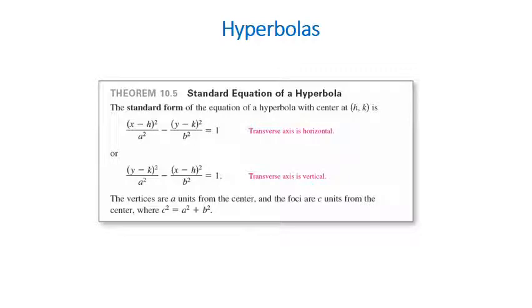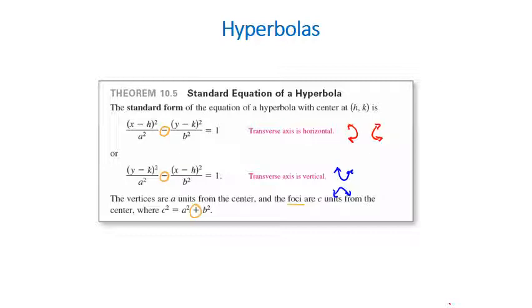Just like the other conic sections, we will have two equations depending on if we have a horizontal transverse axis, which looks like this, or a vertical transverse axis that looks like this. Some things to recognize in this case: these two fractions are separated by a minus sign, whereas when we find the foci, C is separated by a plus in this equation here.